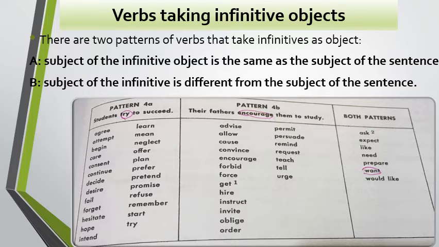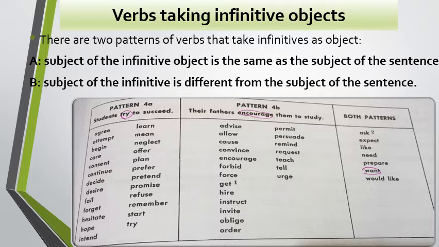For example, if we use agree, okay, teachers agree to meet, or children agree to learn at school. The second pattern is that sometimes the subject of the infinitive, as I said, is different from the subject of the sentence.